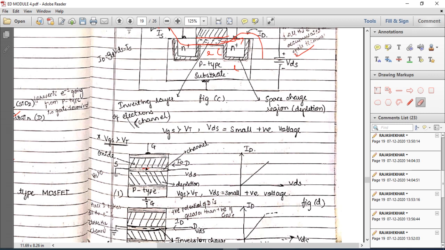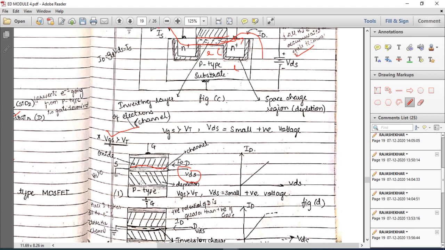So here, with respect to voltage, how the current behaves in the MOSFET, that is what I am going to explain here. First, we have taken VGS greater than VT, meaning now it is in the on state. Once it is in the on state, we apply the VDS voltage. As I said, it attracts the electrons towards the surface of the oxide layer.